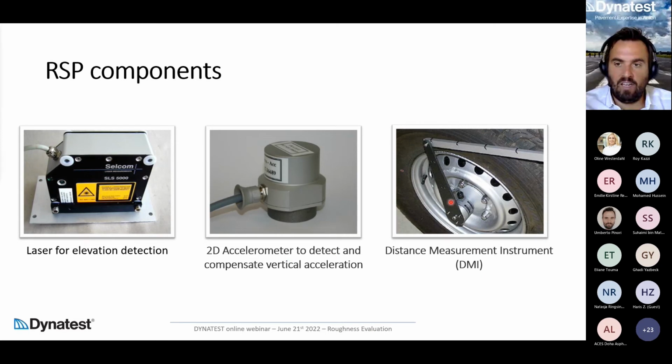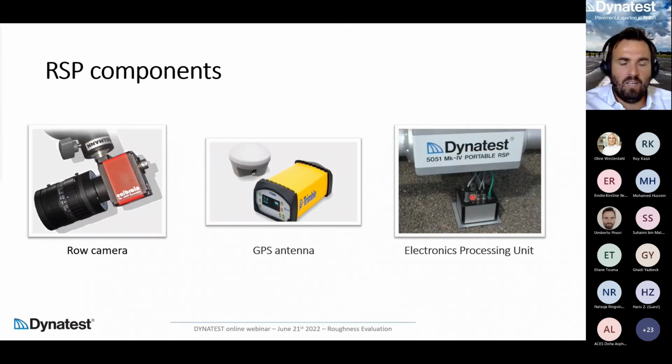Then we have a high precision distance measurement instrument. And then we have other additional equipment, like a raw camera in order to have pictures of the surrounding area, and a GPS antenna. And of course, here is a picture of the electronics processing unit that collects all the information.